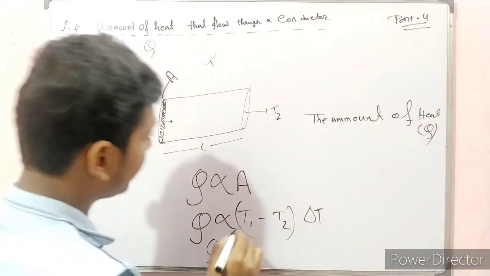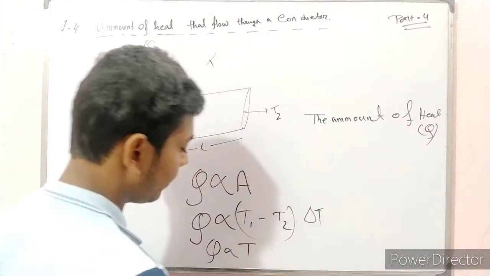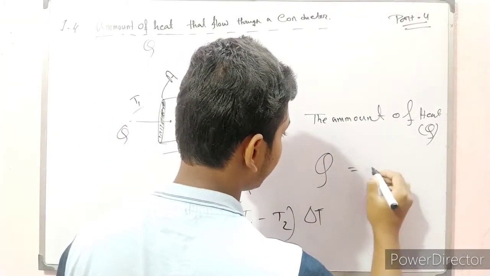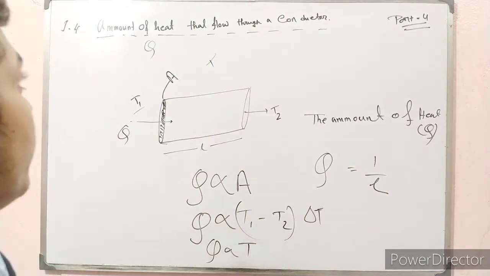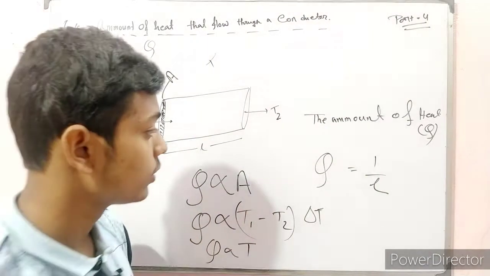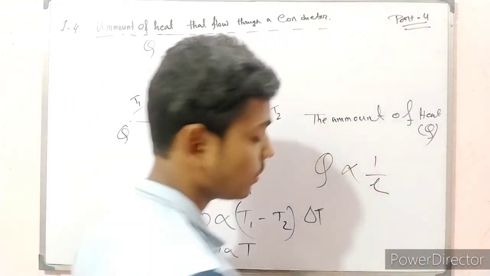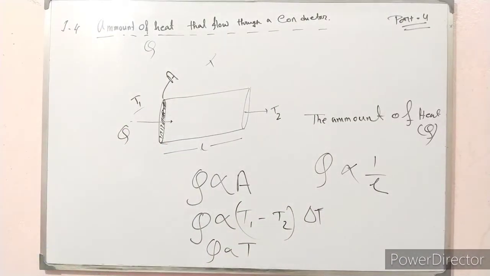Q is directly proportional to the time, and Q is inversely proportional to the length. If the length is high, then the value of Q is low.